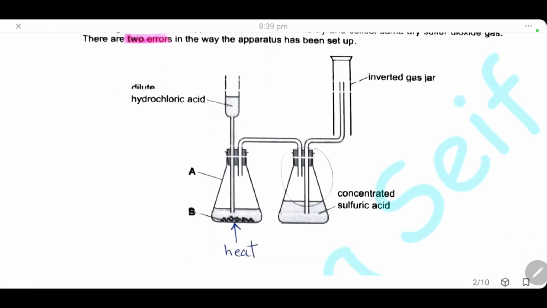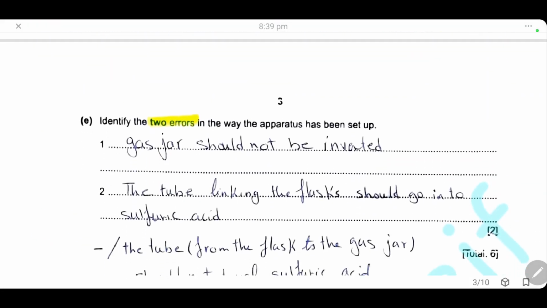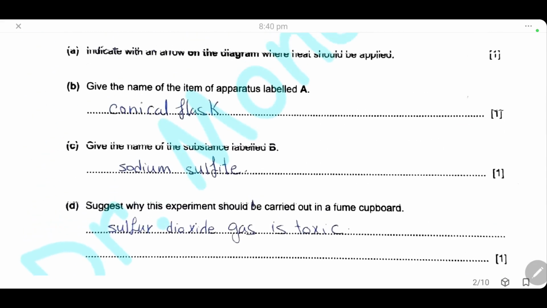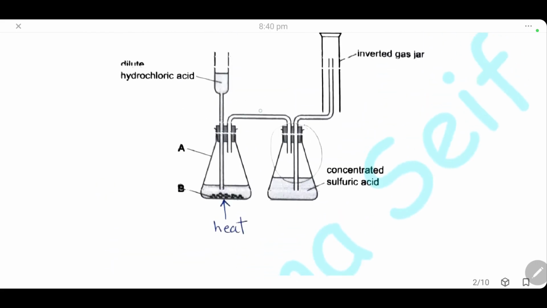The second error: the tube linking the flask should go into sulfuric acid. This tube that links the two flasks together should go into sulfuric acid for the gas to be dried using sulfuric acid. And the second tube, the one that goes from the sulfuric acid to the gas jar, should not touch sulfuric acid.